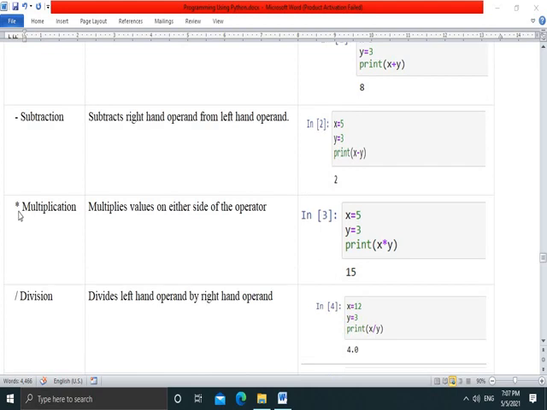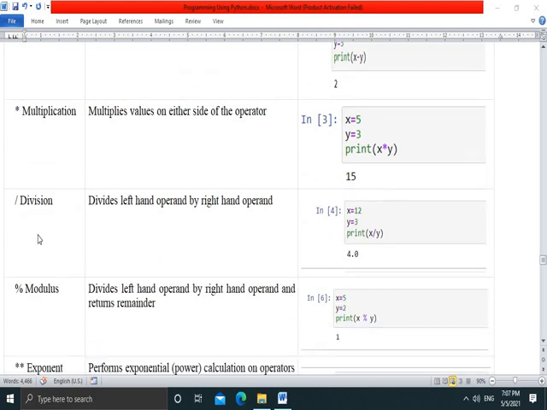Next is multiplication operator. It multiplies values on either side of the operator. Means x multiplied by y, 5 multiplied by 3 is 15. Next is division operator. It divides left hand operand by the right hand operand. Means if x is 12, y is 3, then 12 by 3 is 4.